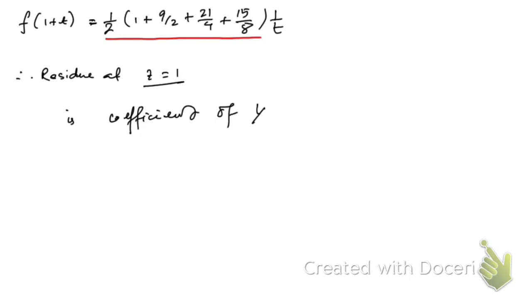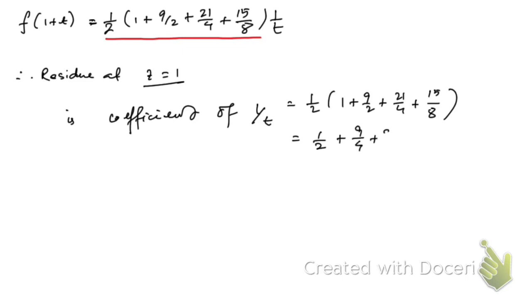1 by t, which is equal to half into 1 plus 9 by 2 plus 21 by 4 plus 15 by 8, and then if you multiply by half, 1 by 2 plus 9 by 4 plus 21 by 8 plus 15 by 16.